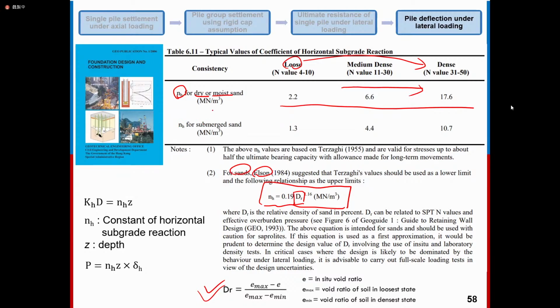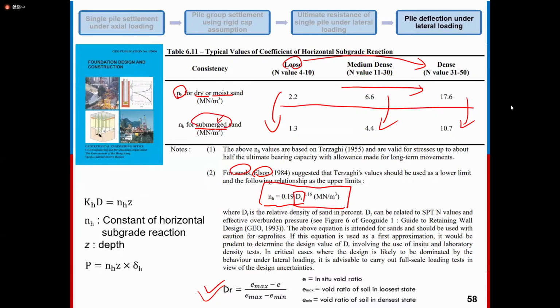With the increase of the saturation degree, or the water content, from dry or moist to submerged, or saturated, the NH becomes smaller. All of them become smaller. This implies that water is normally a very dangerous thing for the safety of geotechnical structures.